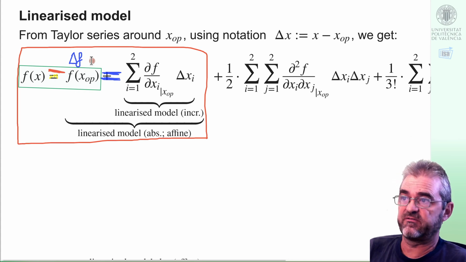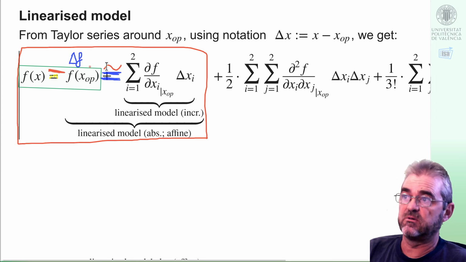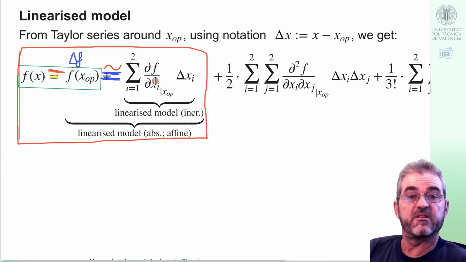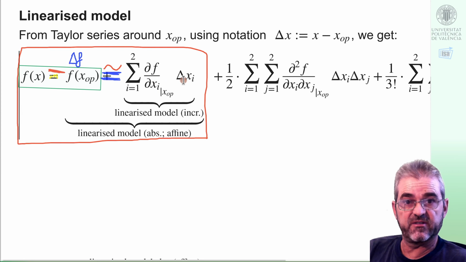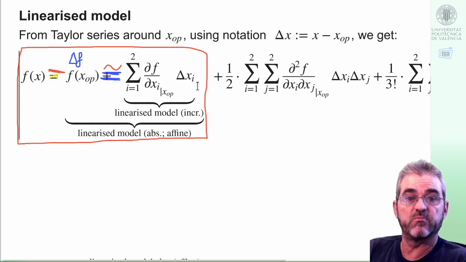So the increment of f will be approximately equal to the derivative with respect to x1 times increment of x1 plus derivative with respect to x2 times increment of x2. So this is the linearized model.